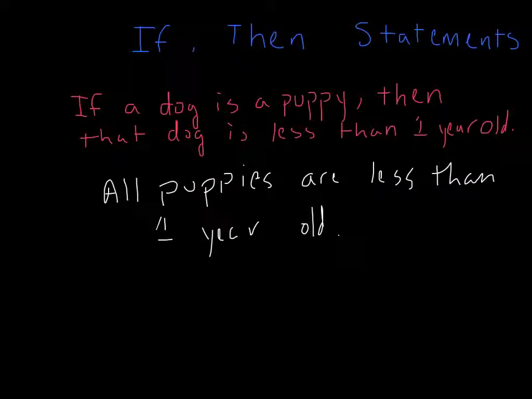Alright, so there you go. That's what you can conclude from this. You're rewriting your sentence, right? So if a dog is a puppy, then that dog is less than 1 year old, and we can rewrite that as all puppies are less than 1 year old. Make sure that what you're writing is actually true. So sit and think through that and make sure that's a true statement. That's really all there is to the if-then statements. You've got the hypothesis, you've got the conclusion, and then you can rewrite it in a way that makes sense.